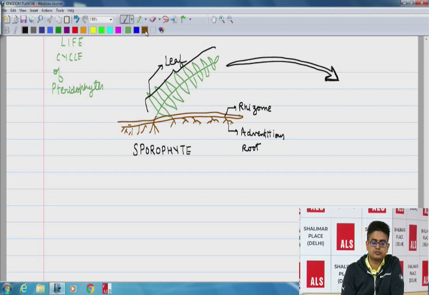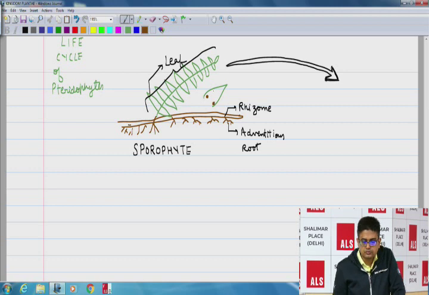It is here, on the underside of the leaf. Let me enlarge it, otherwise you will not be able to understand. This is a leaflet. On this leaflet, in two rows, brown colored sori, plural of sorus, are present. And in each sorus, many spore mother cells are present.